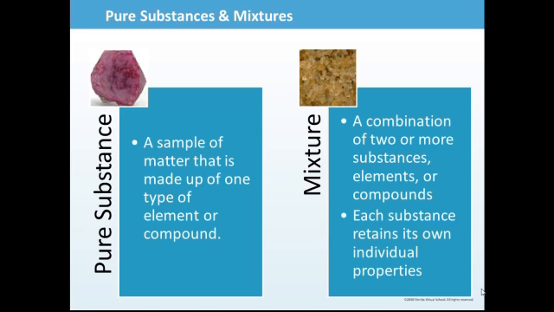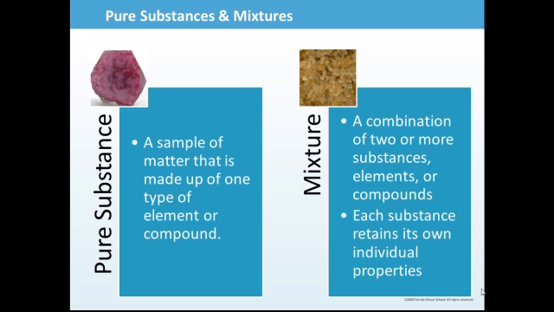That's a pure substance. A mixture is when you take two pure substances and mix them together. There are a couple of different mixtures that we're going to learn about in just a few slides. In a mixture, we combine two or more substances. It can be elements or compounds.